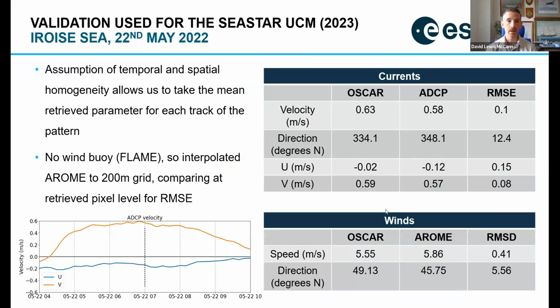But the validation that was used for the UCM, we assumed temporal and spatial homogeneity across the pattern. So we took the mean retrieved parameter for each track, and then we produced an RMSE comparing to the ADCP, which was in the middle of that pattern, and we met our design requirements for the system, which was 10 centimeters per second on velocity and half a meter per second for wind speed, and also quite close with the direction as well.